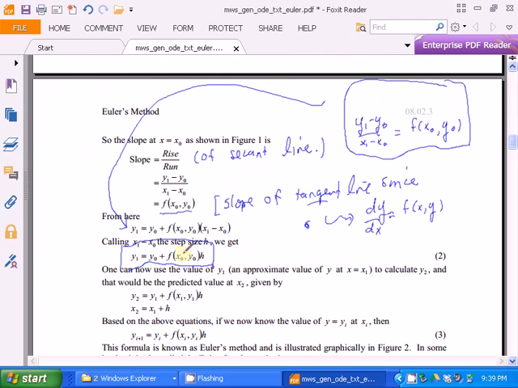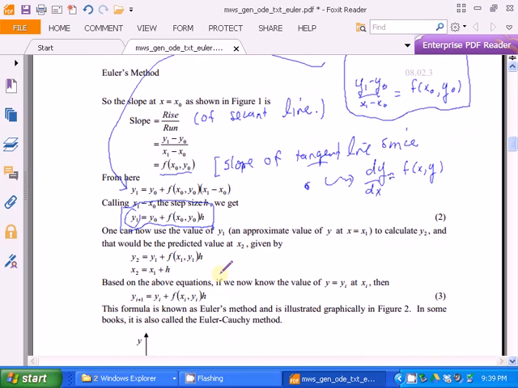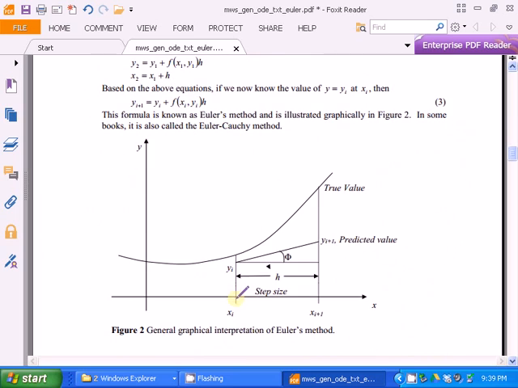Okay. This will give me y at the next point in terms of my values of x and y at my initial point, the step size h, and the known function f(x, y). But why stop there? Once I've gotten to x1, I can do the very same thing, right?